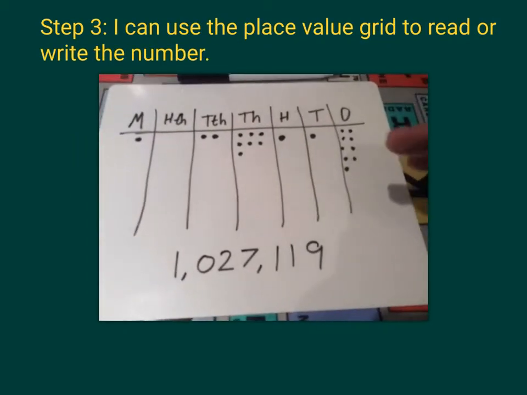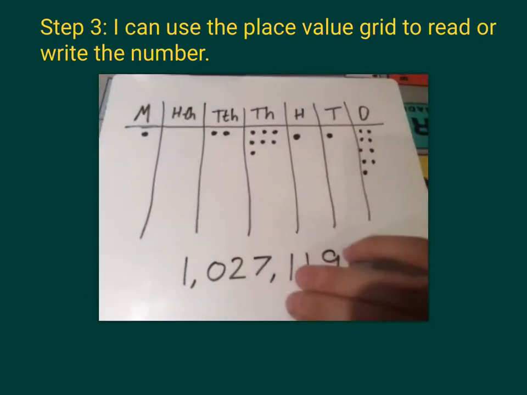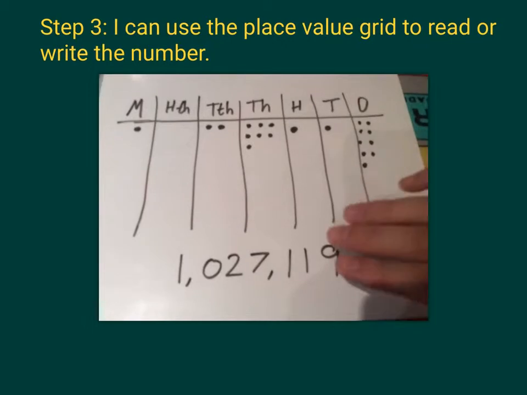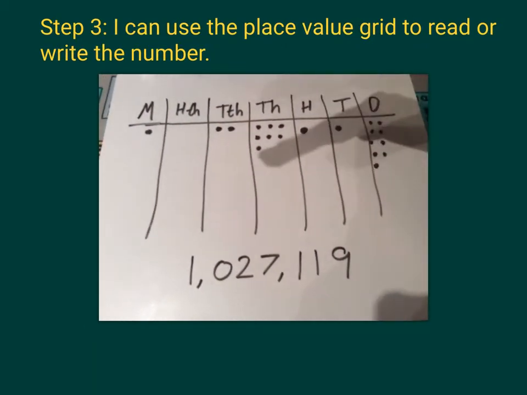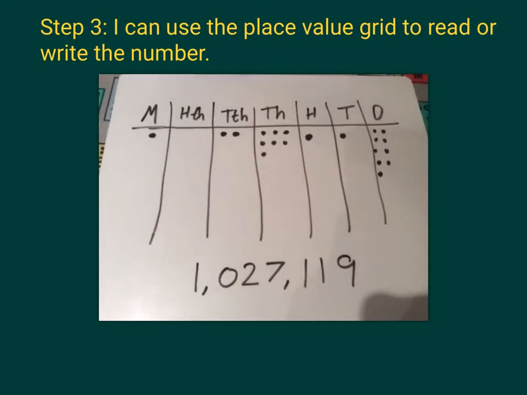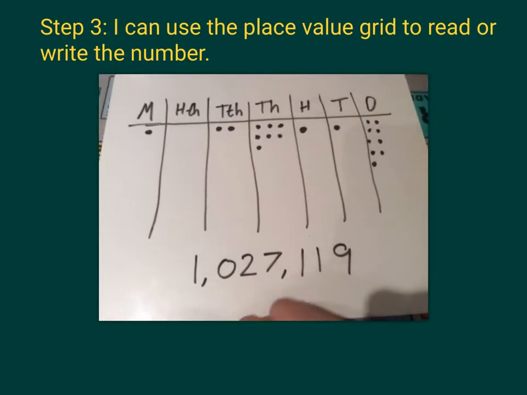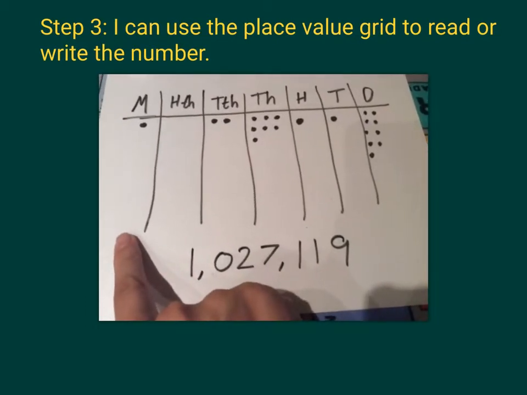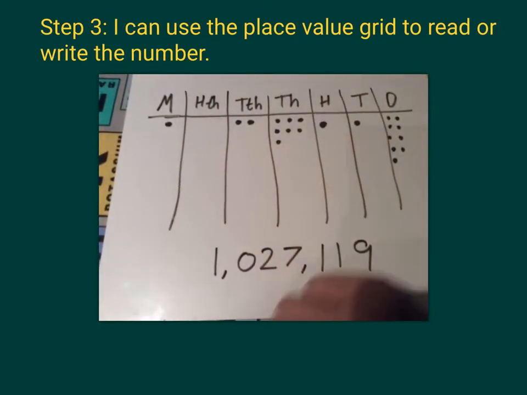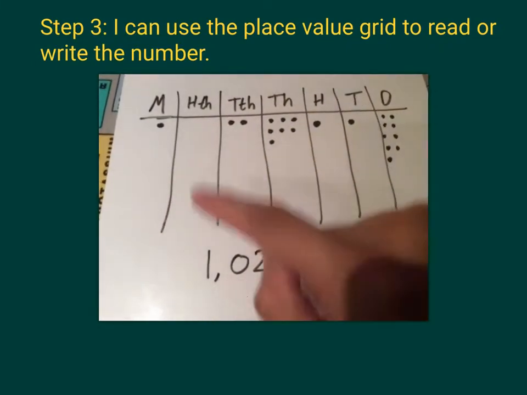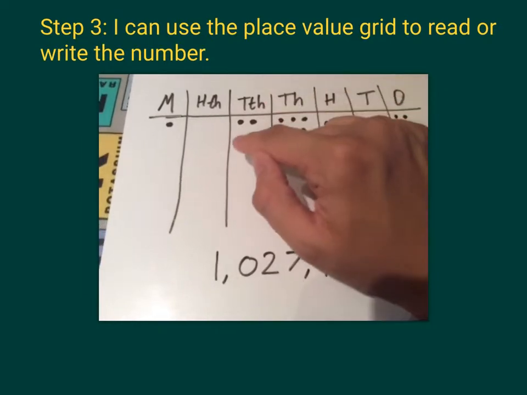So step 3, I can use the place value grid to read or write the number. We've drawn the place value grid, we've put the correct number of dots or counters into our place value grid. Now we're going to have a go using this to help us read this number. Starting on the left, which is the largest place value, we know this says 1 million. So we have 1 million, no 100,000, and 2 10,000, so that's 20.